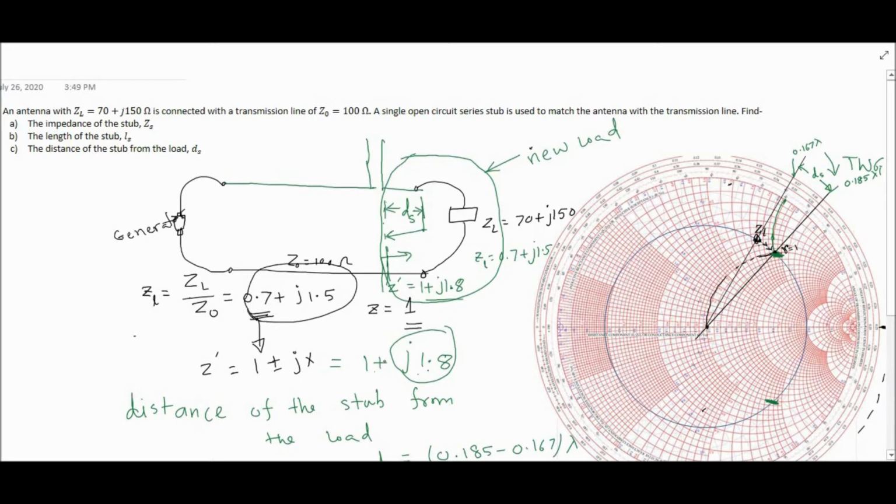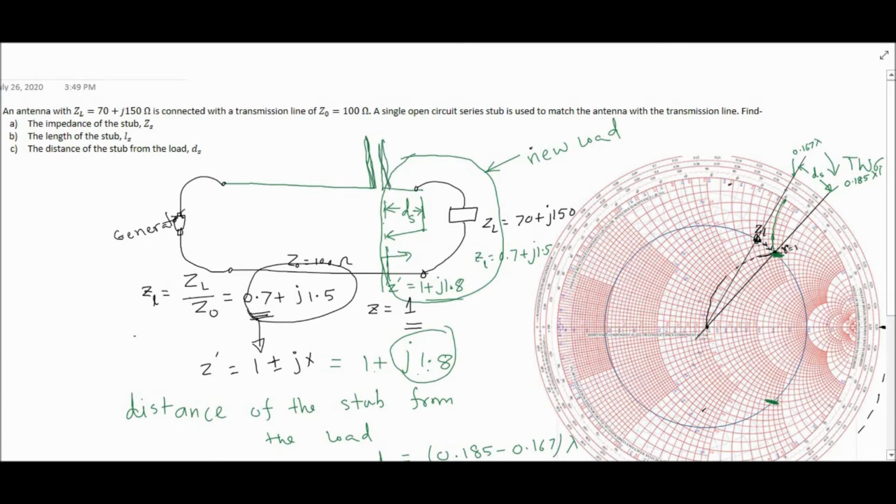So how can we remove this imaginary part? To remove this, we have to add an opposite type of reactance, a capacitive reactance of 1.8. We have to add a stub here.